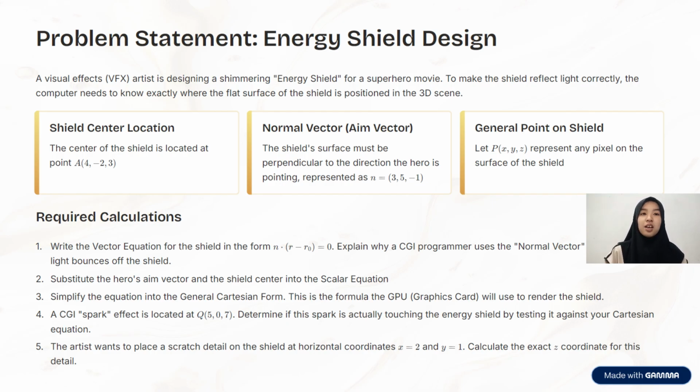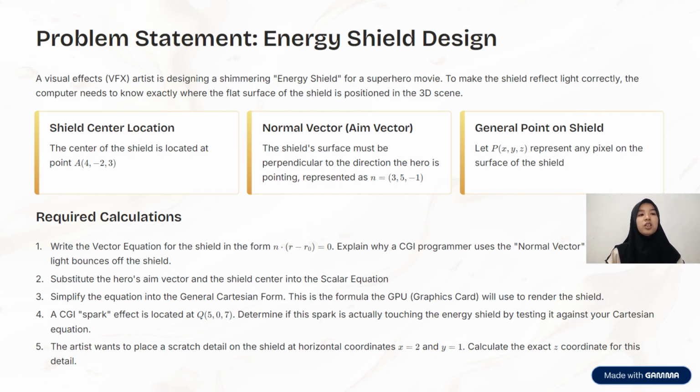Next, we need to substitute the hero's aim vector and the sheet center into scalar form. So from the first vector equation, we need to substitute and transform it into the scalar equation. And then the third one, simplify the equation into the general Cartesian form.